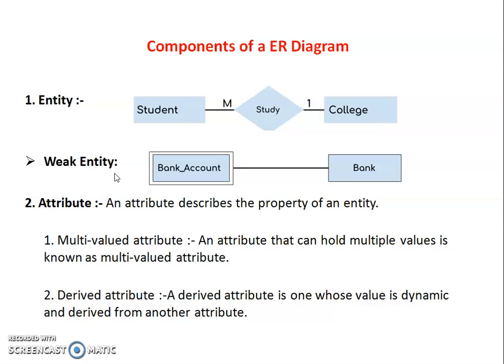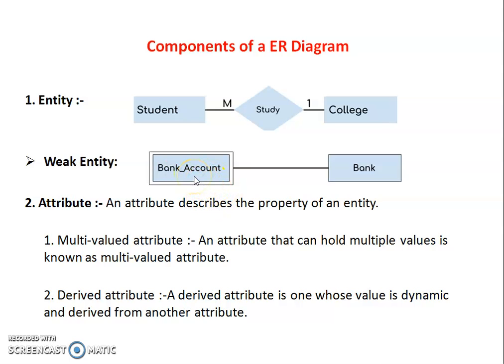A weak entity is represented by a double rectangle. Always note that a weak entity is represented by a double rectangle. For example, a bank account can't be uniquely identified without knowing the bank to which the account belongs. So bank account is a weak entity.